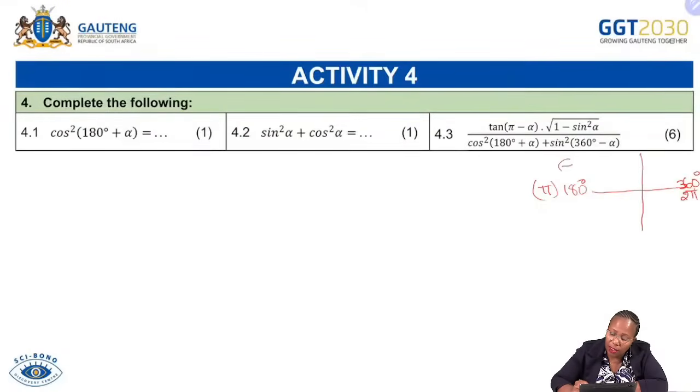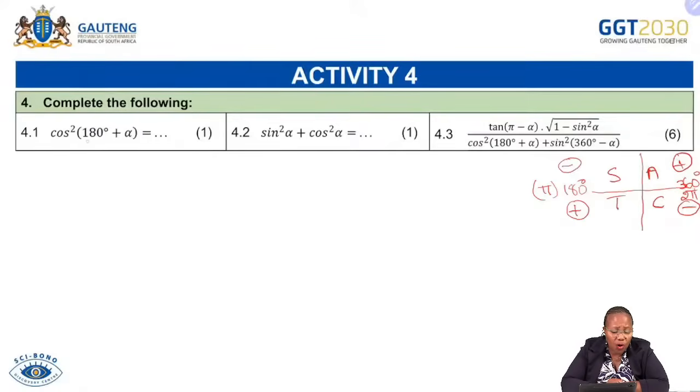So from here is 180 minus, 180 plus, 360 plus, 360 minus. Okay. And then we have 180 plus. 180 plus is quadrant 3. Remember the CAST diagram. You check your ratios there.